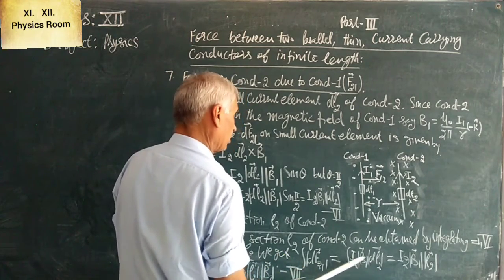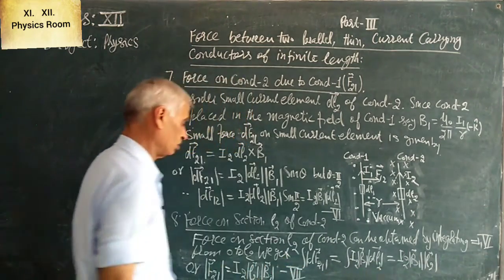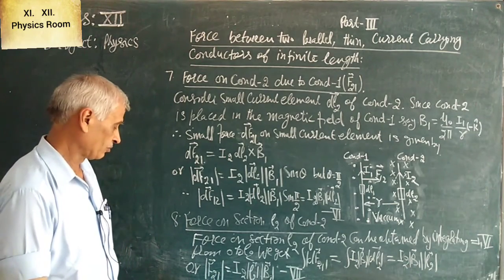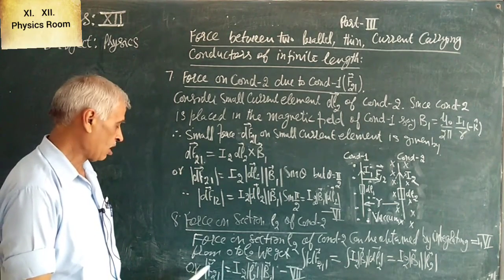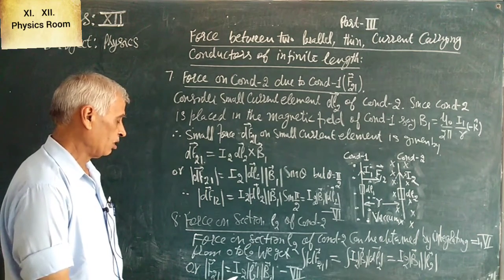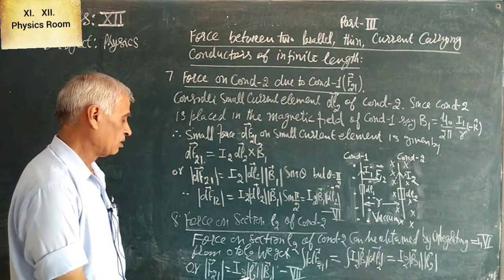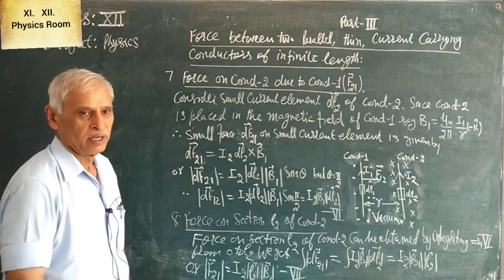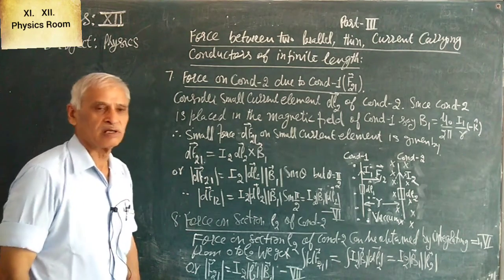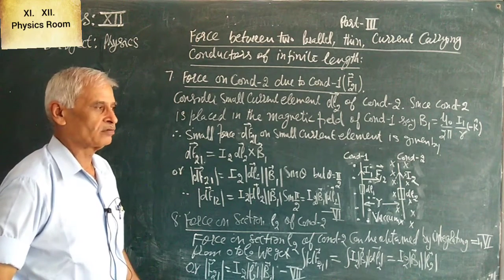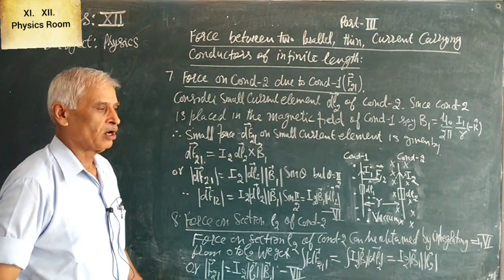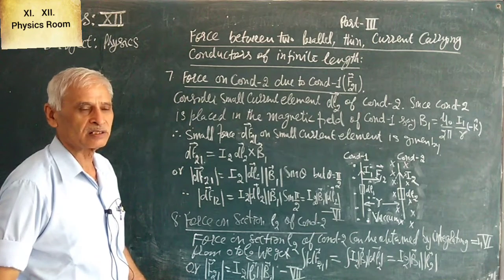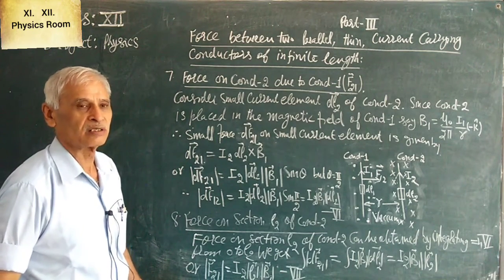Integration of dL2 from 0 to L2 is L2. Or we write mod F21 is equal to I2 L2 B1. Let us mark it as equation number 7. Equation 7 gives us the magnitude of the force on section L2 of conductor 2 due to conductor 1.